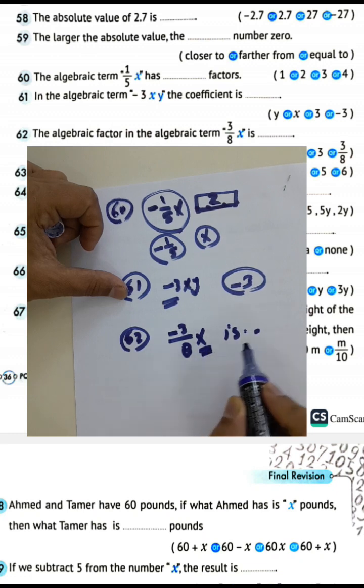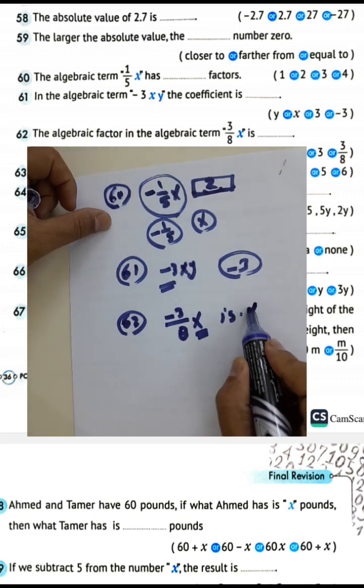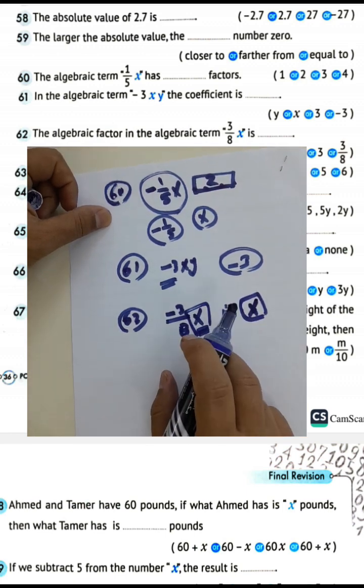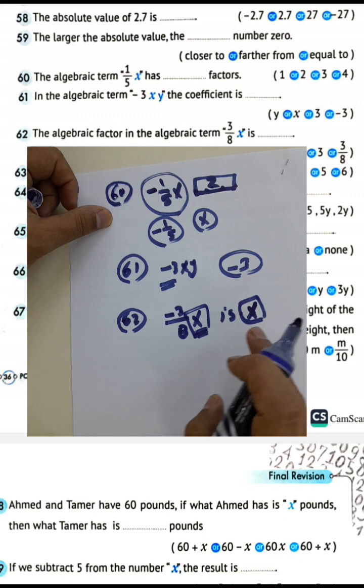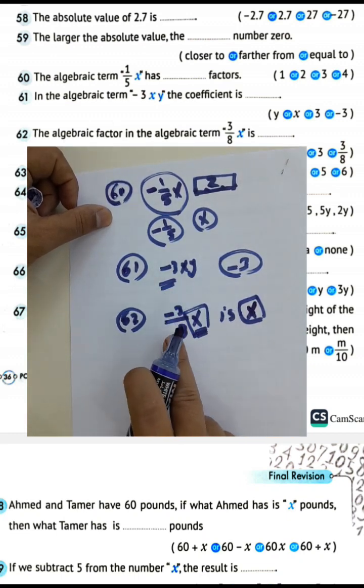The algebraic factor will be x. Negative 3 over 8 is the numerical factor, which we call the coefficient.